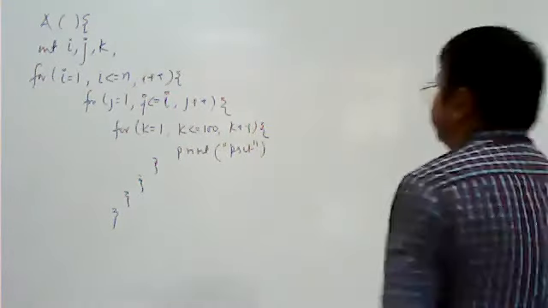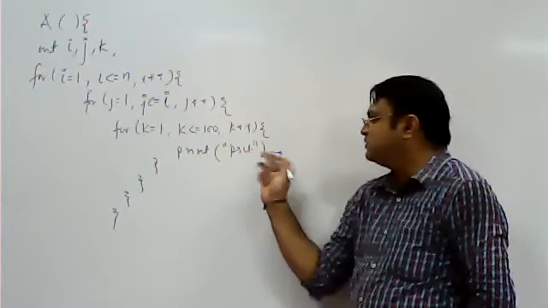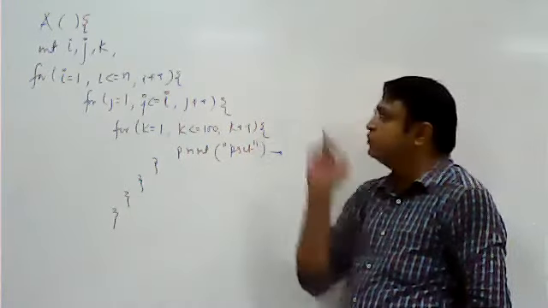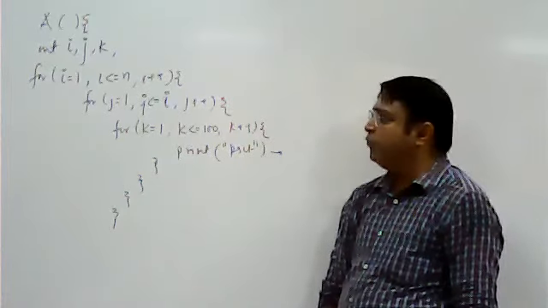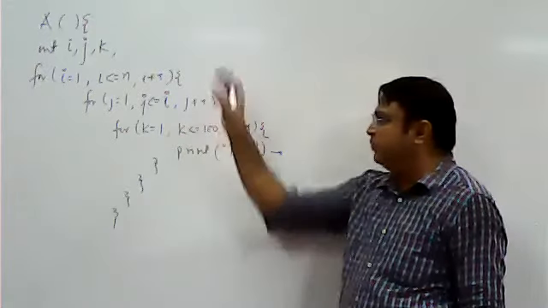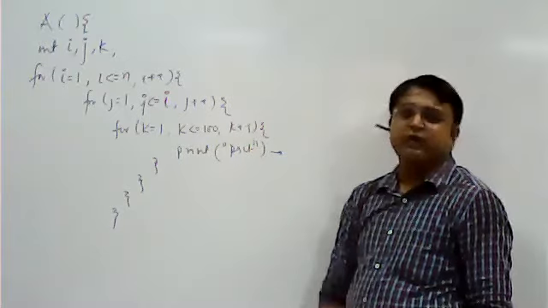Now, very carefully, I have already told you that we want to know how many times this statement printf is going to execute. And there are three loops. One loop is running for n times, j is running for i times for every value of i, and k is not depending upon j, k is fixed. k will run for 100 times for every value of j.